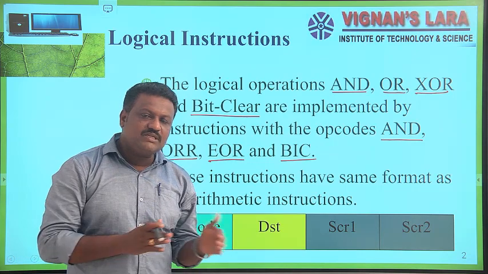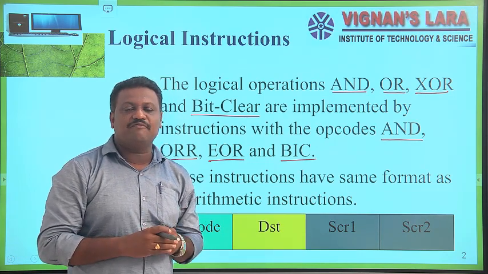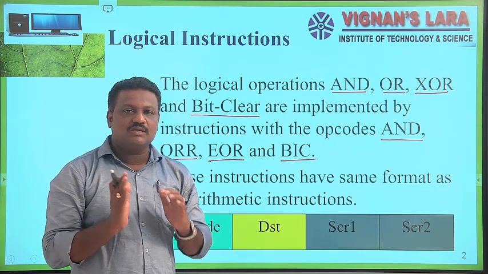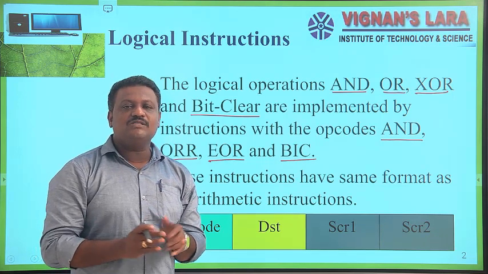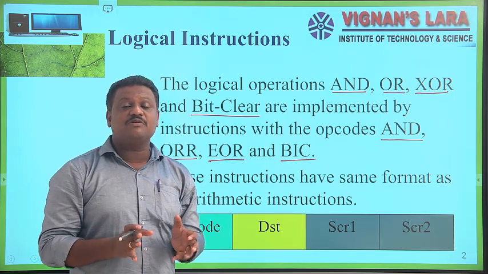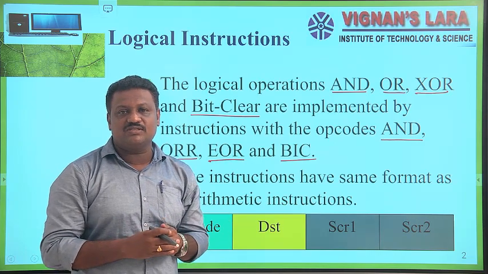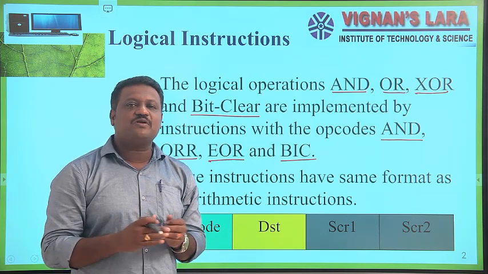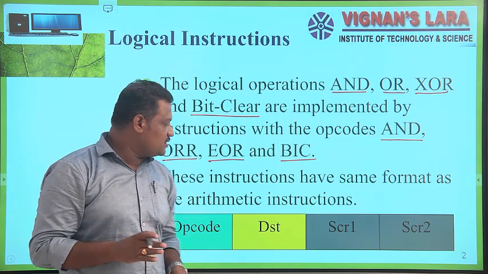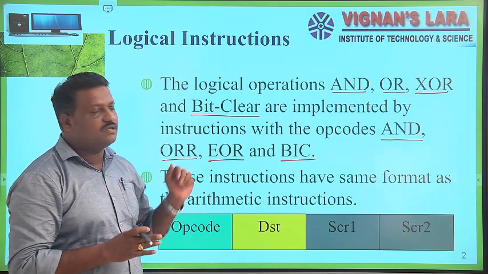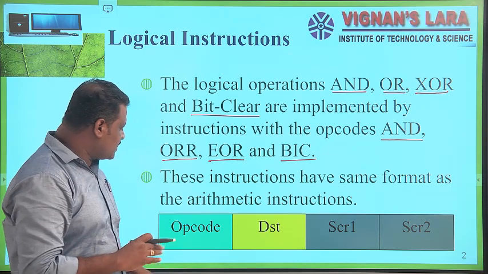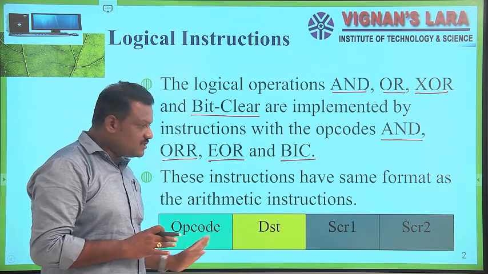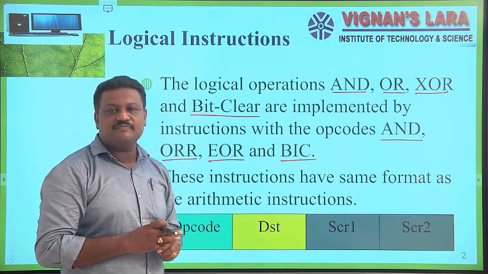Next, coming to the instruction format, how does it look for these logical instructions? If you are thinking about what instruction format we use for arithmetic instructions of ARM processor, the same instruction format is used here for logical instructions. See here, guys, this entire instruction has different fields.